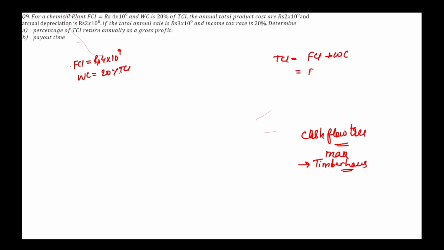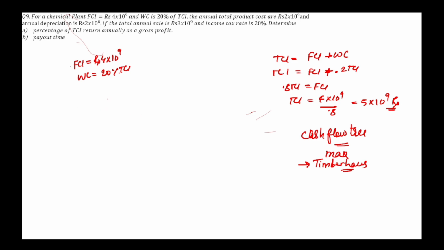So FCI plus WC, where WC is 0.2 of TCI. So 0.8 TCI is equal to FCI. So TCI is equal to FCI by 0.8. FCI is 4 into 10 to the power 9 by 0.8. So 5 into 10 to the power 9 rupees is the total capital investment.